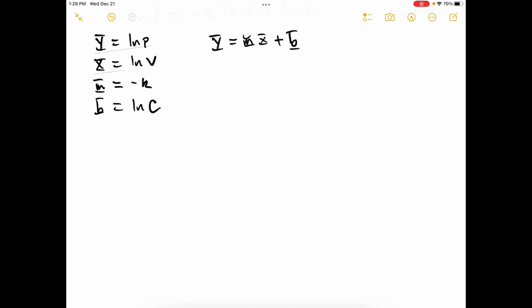Now we have to do linear regression on this model and determine what the constants m and b are. And then from that we can determine what K and C are. So let's move over to the computer.